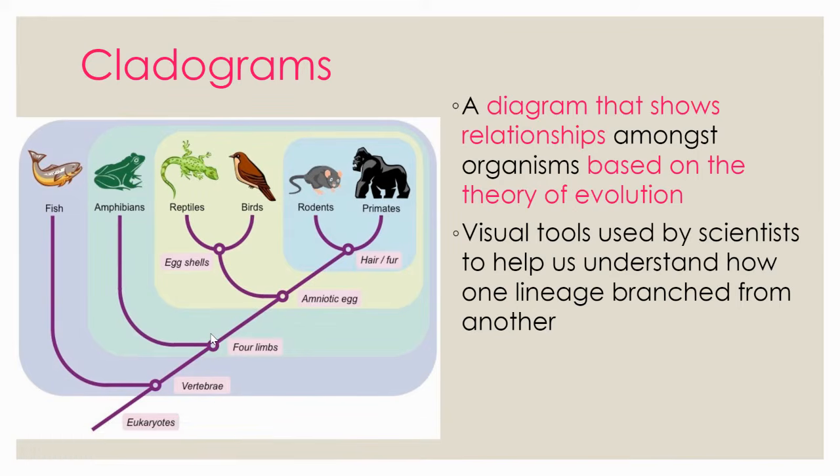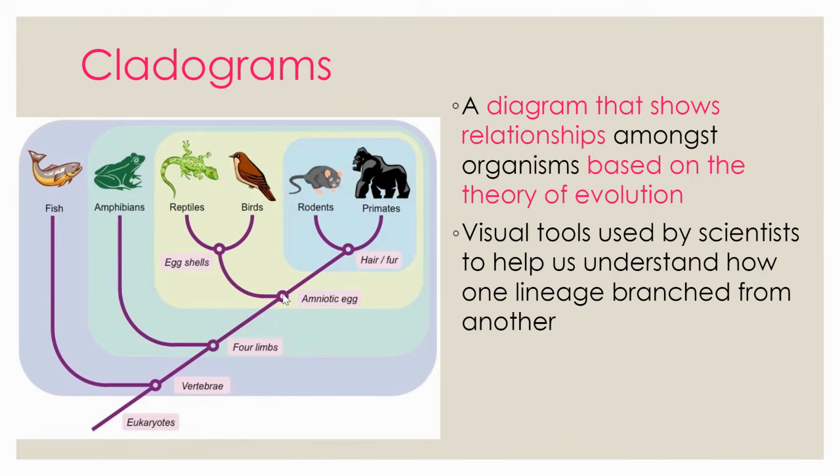And if we continue on, well, out of this tree of life evolves the characteristic of having an amniotic egg, or a certain type of way that the offspring develop. And fish didn't have that, and amphibians didn't have that, but all of the rest of these ones have an amniotic egg. So reptiles, birds, rodents, and primates do.